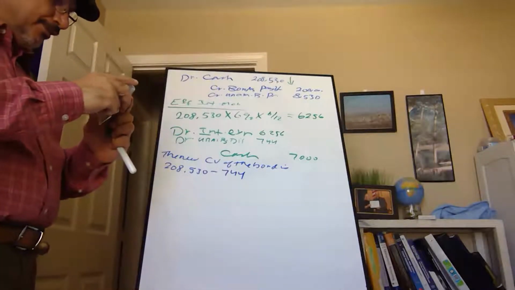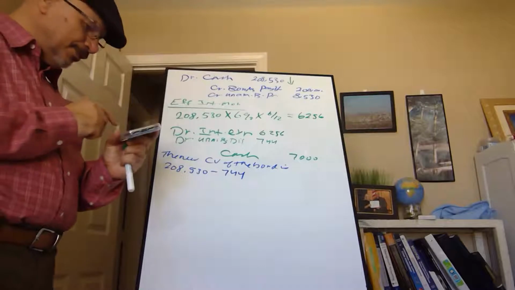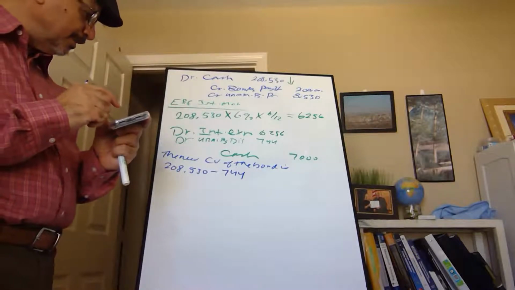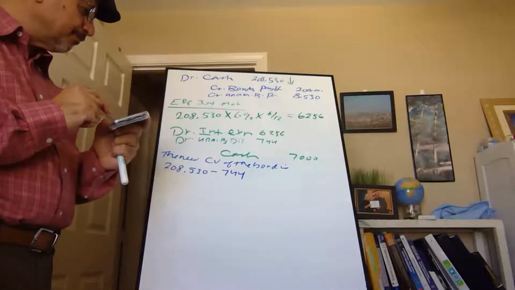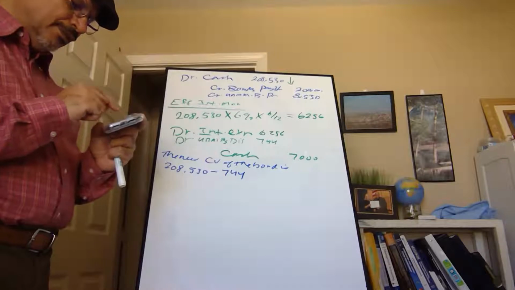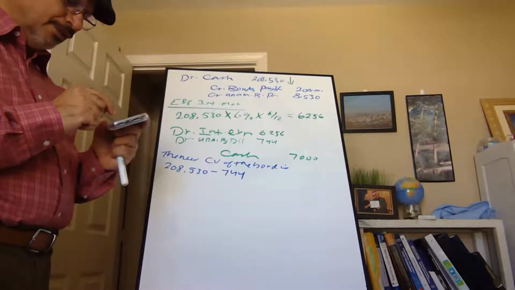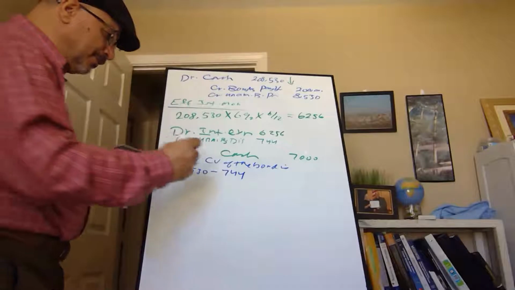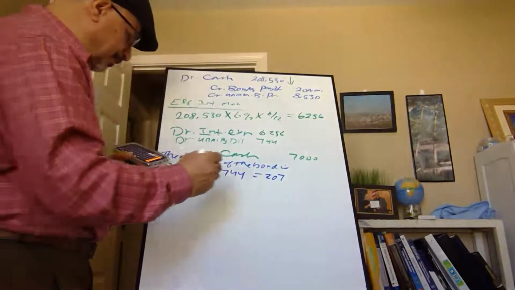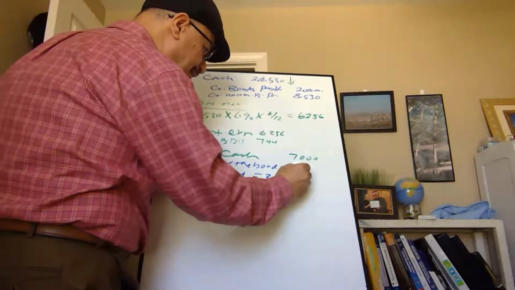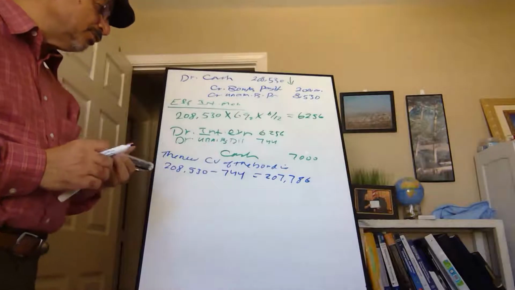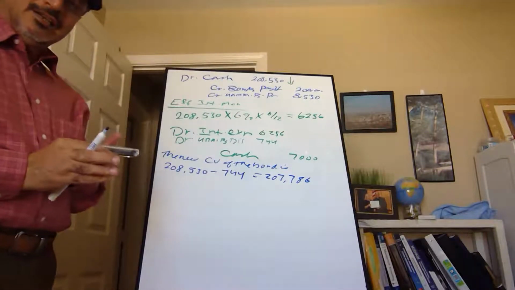In this case, 208,530 minus 744 will give us 207,786 as the new carrying value of the bond.